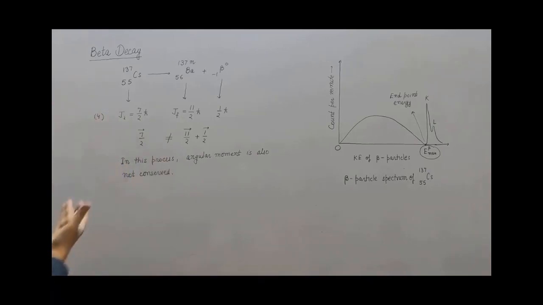So basically these four different aspects are observed in beta decay. It was a challenge to explain these four aspects associated with the beta decay process.